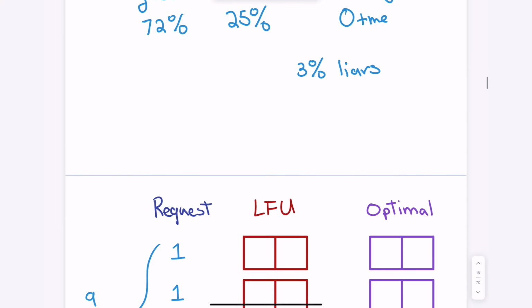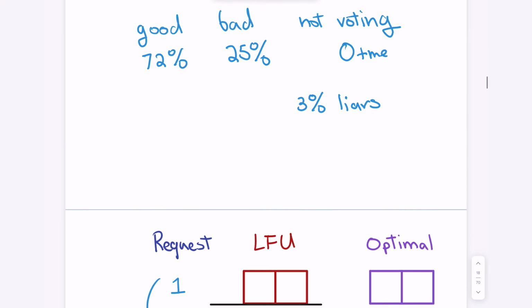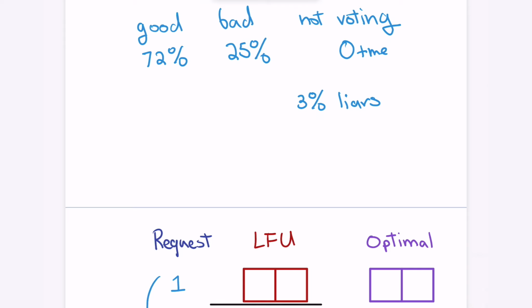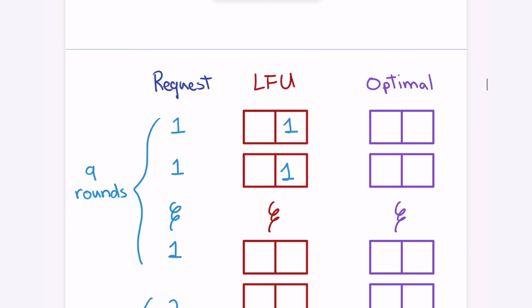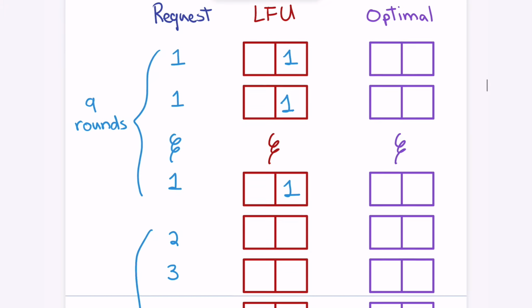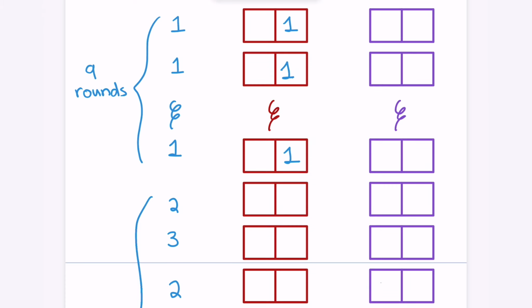So let's go through it. Here's one example I rigged up. Request 1 comes in a bunch of times, and the cache has size 2. Then we alternate between 2 and 3.